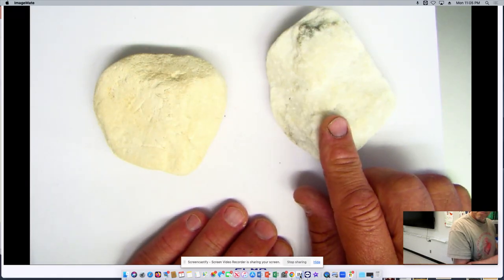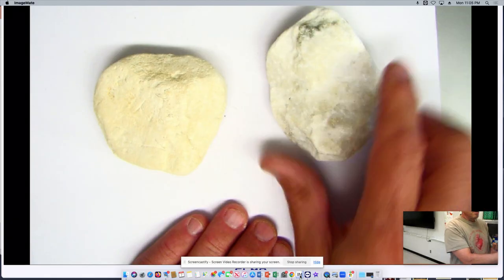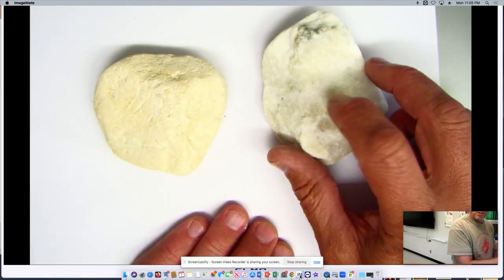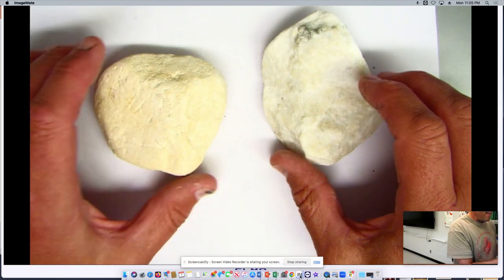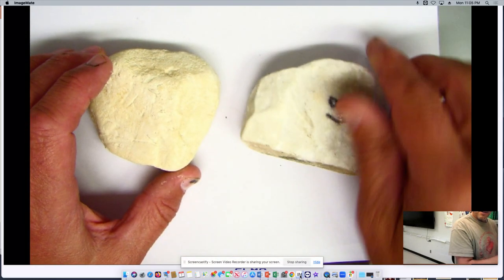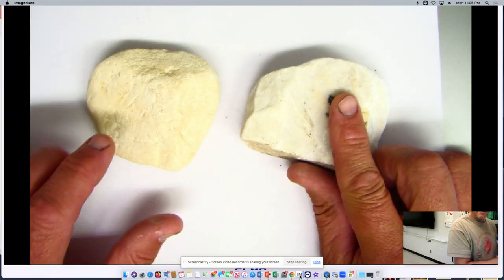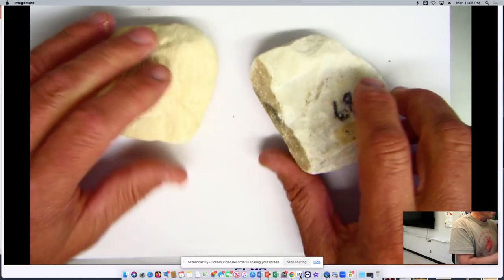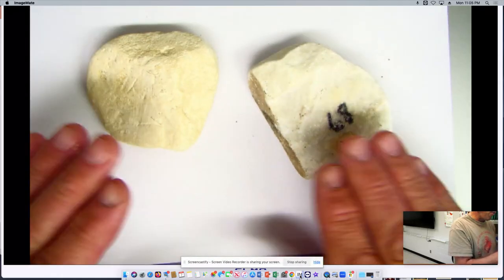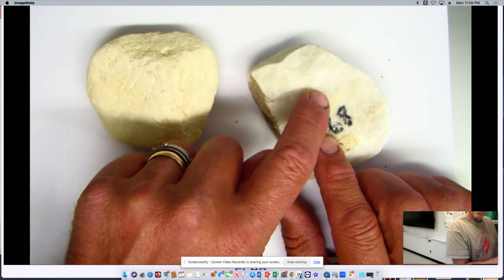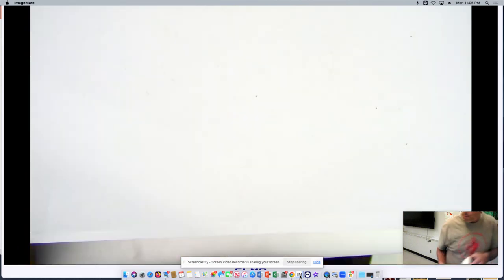It's a highly sought after building material type rock, and usually light colored. It so happens, just by chance, that these have the same shape and thickness, which makes it a little easier to see, although that wouldn't always be the case. But this is sedimentary chalk. And this is metamorphic marble.